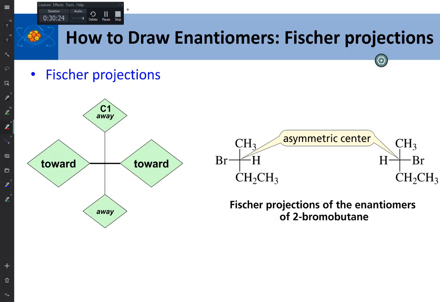Brown is bromine, right? So that's this. Right. These are going towards you. There's my hydrogen, there's my bromine. This is a CH3 going back. And this is the ethyl group going down, away. So that is Fischer projections or Fischer diagrams, Fischer drawings.